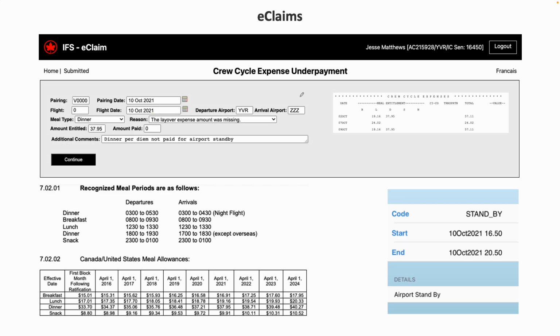Another minor point of frustration is eClaims will not allow you to put in the same departure and arrival airport. So for me as a Vancouver-based crew member, if I do an airport standby, I put in YVR in departure airport, and then I just invent an airport code for the arrival airport. And in my case, I just put 3Zs.